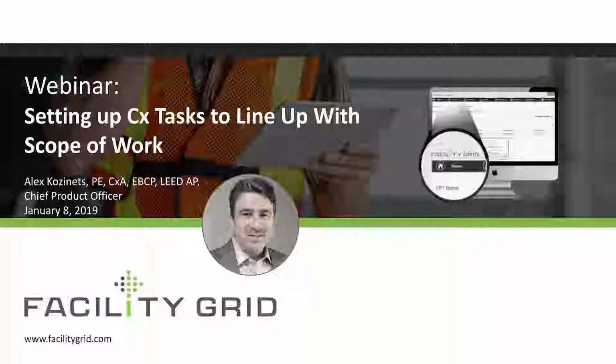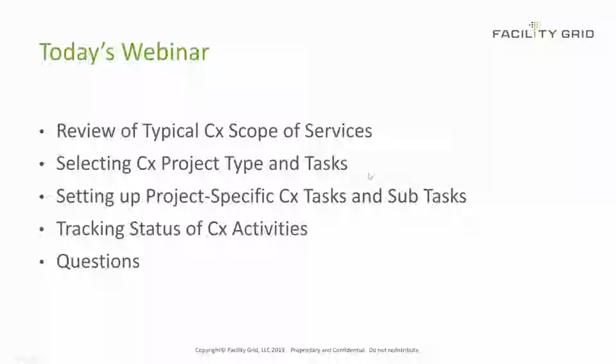The agenda for today's webinar is as follows. We will review a scope of services for a typical commissioning project. I will demonstrate how to select commissioning project type and tasks when you create a project in Facility Grid.